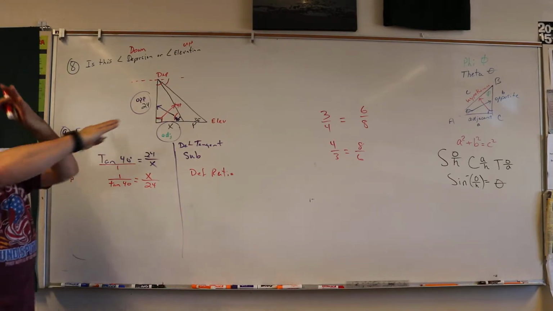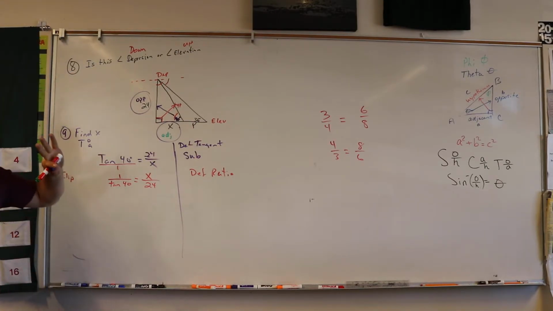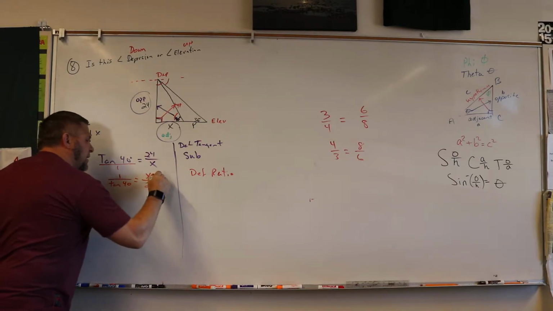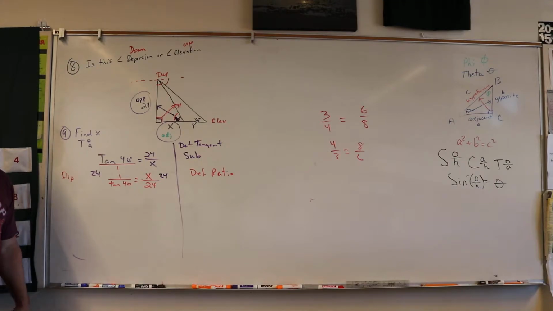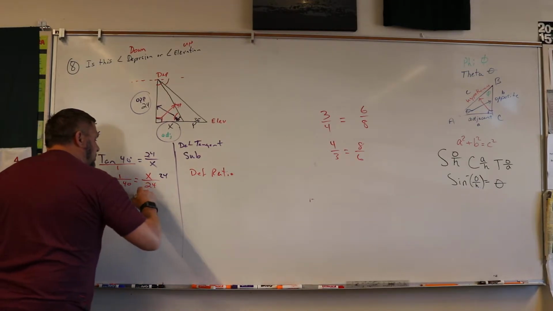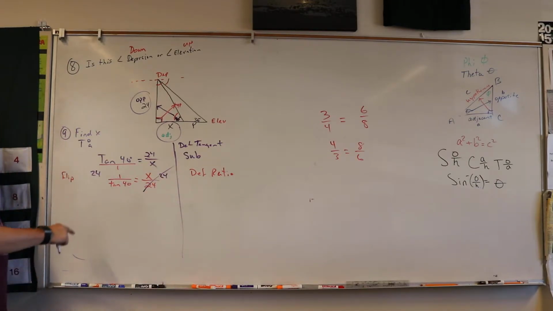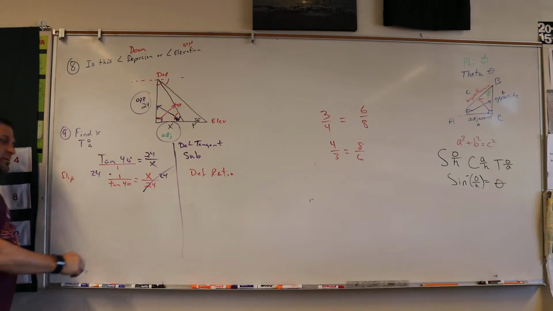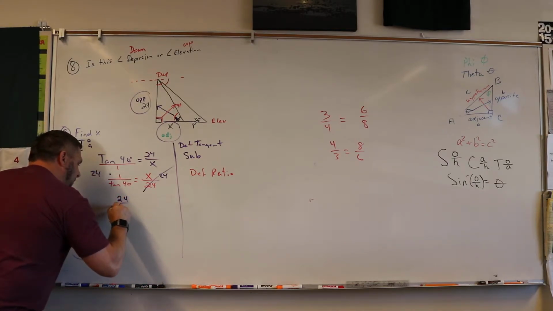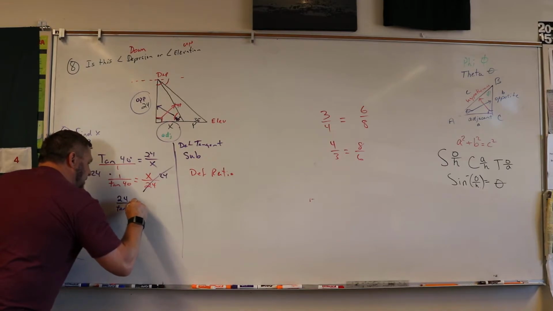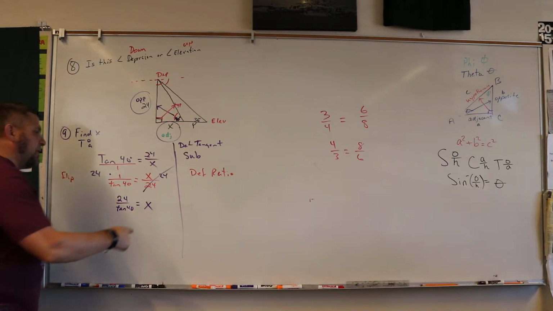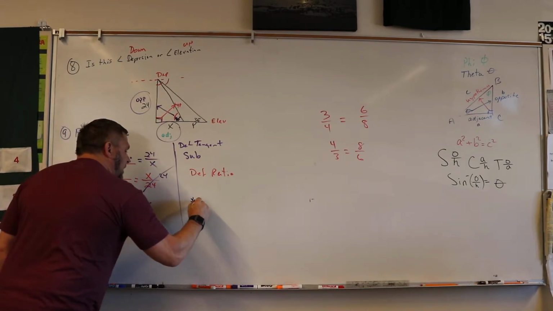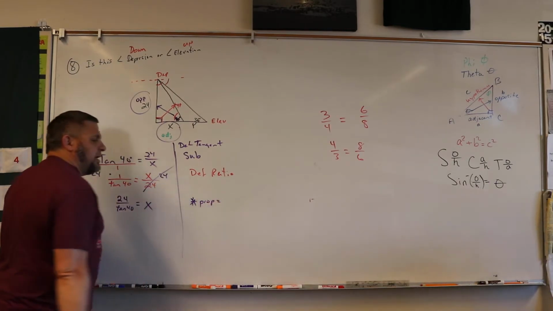So instead of cross multiplying and then dividing, all I do is flip and then multiply. So the 24's cancel. And what's 24 times 1? So 24 divided by tangent 40 is equal to x. What did we do? Multiplication property of equality.